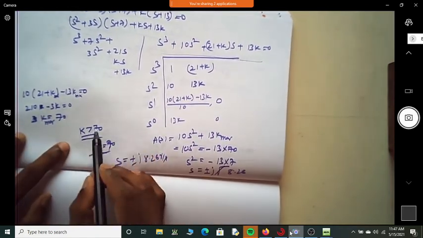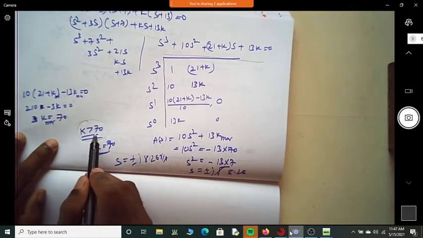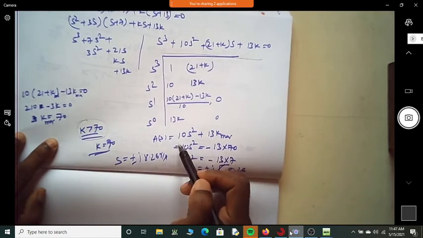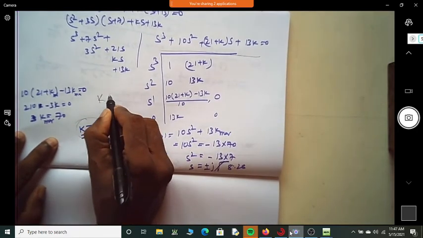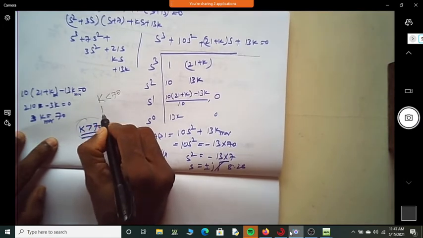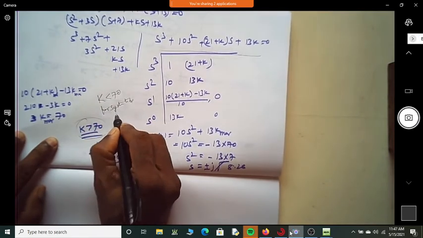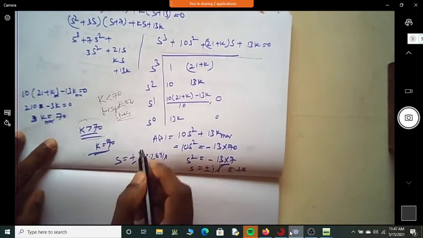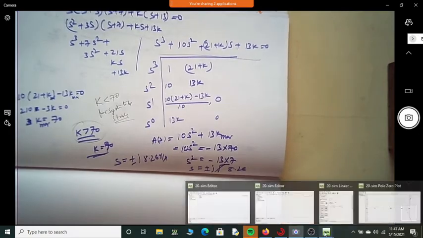We found that if k is greater than 70, the system is unstable. For the system to be stable, k should be less than 70. Correct? That's what we are trying to prove over here.